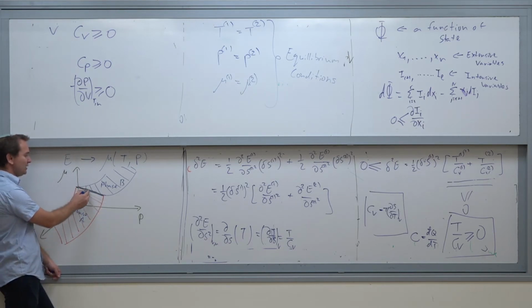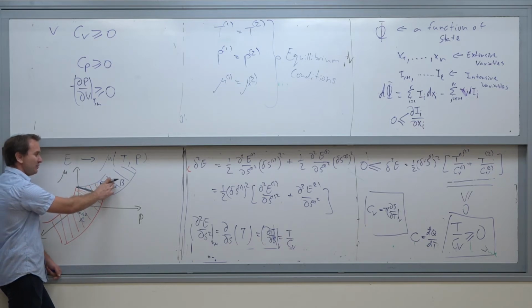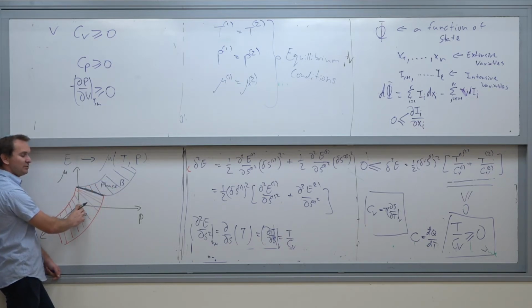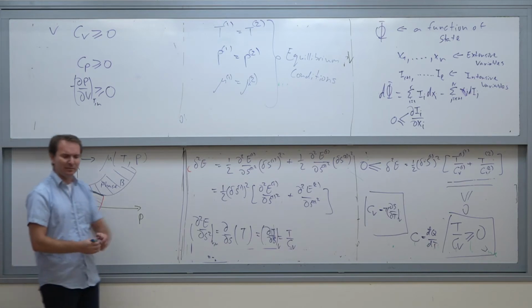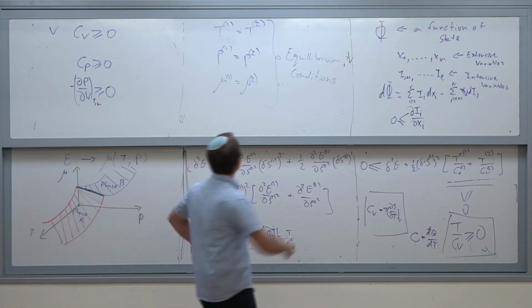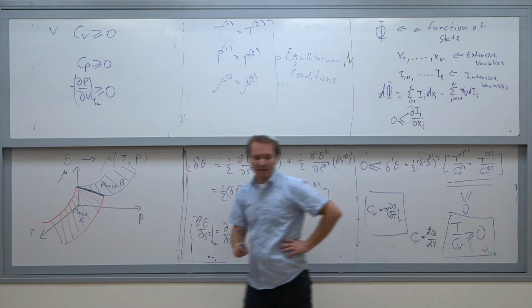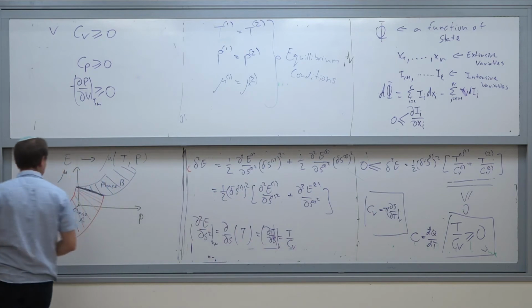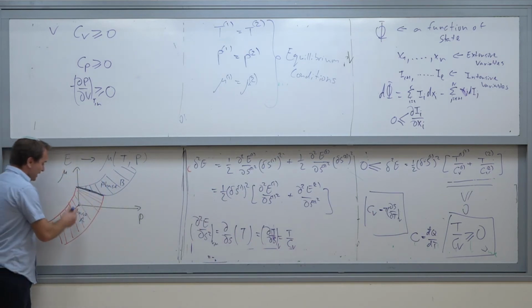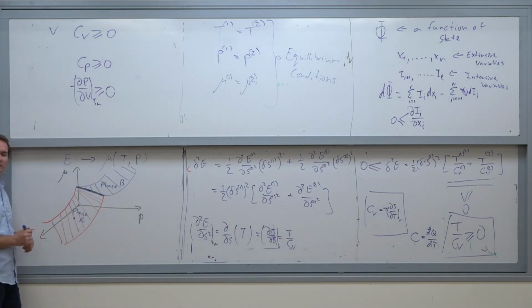So on this line, the chemical potential is described exactly the same whether the system is in phase A or in phase B. It doesn't really matter. If the whole system is in equilibrium, the chemical potential of phase A and phase B should be exactly the same. In this region there's only one phase.